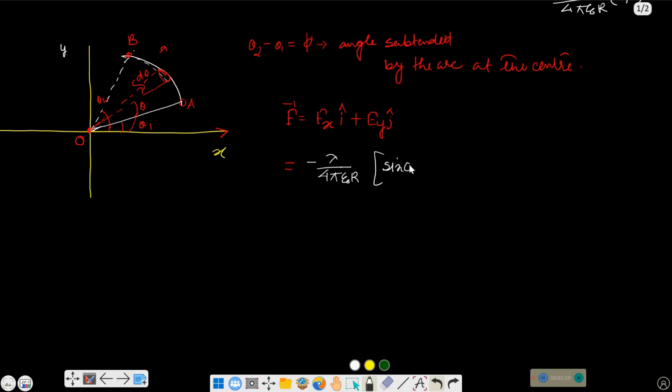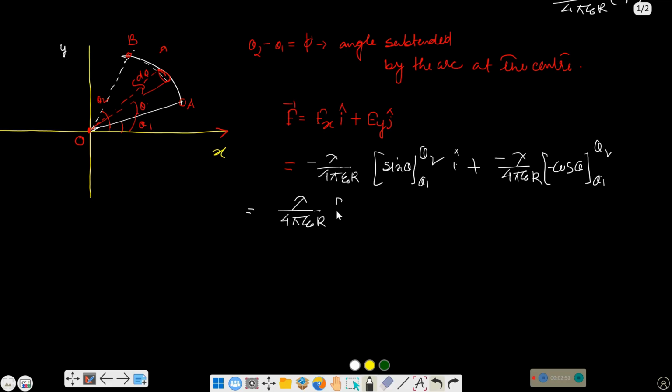Here it is sine theta from theta 1 to theta 2, it is i cap, plus minus of lambda by 4 pi epsilon naught r, it is cos theta from theta 1 to theta 2, it is minus cos theta, right? So if we write this as 4 pi epsilon naught r, we will have sine theta 2 minus sine theta 1, minus i cap.